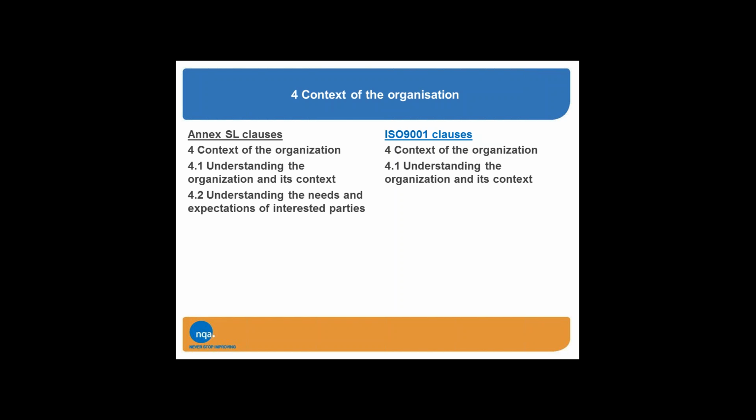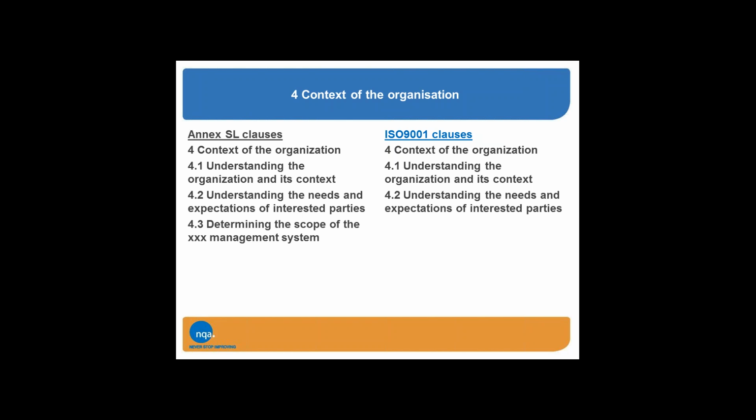Understanding the needs and expectations of interested parties, that again is a direct requirement also of the ISO 9001:2015 standard. And determining the scope of the management system, not surprisingly, when we come to look at the 9001 requirements, we are determining the scope of our quality management system.